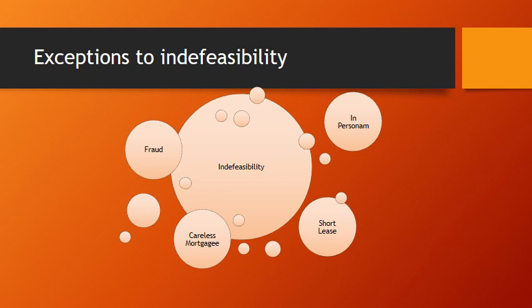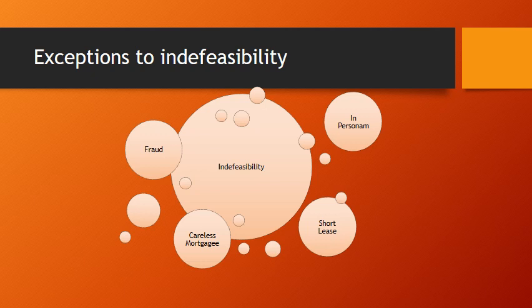So the law says, well, okay, we need to create a situation where, if that happens, we allow Amy, or the person who's been defrauded out of their interests, an opportunity to seek redress against the harshness of the indefeasibility provisions. So we have a series of exceptions which have been carved out into the legislation.